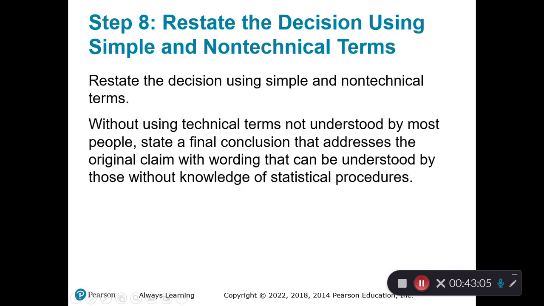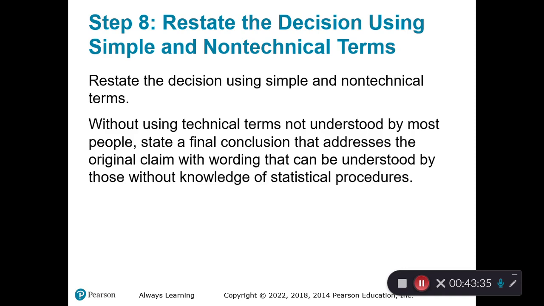All right, so you'll see my write-up in a separate post, but I always like to take that final decision and translate it back into English, back into the context of the problem. So fail to reject H naught. What does that mean? In this case, we say we have insufficient evidence against the null hypothesis.